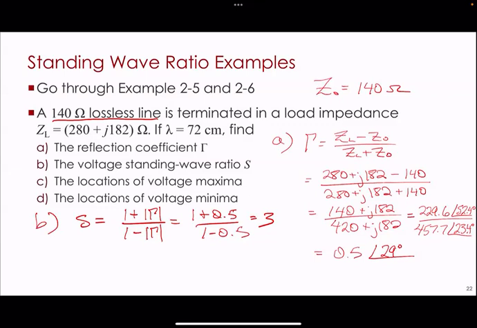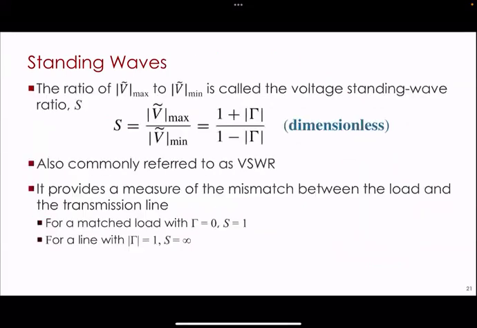Now we get to the locations of the voltage maximum and the voltage minimum. This is where things get a little more interesting. So we did this at the end of last class. And this is really what we're saying here, remember what I said at the beginning, where the standing wave ratio is this maximum divided by the minimum.